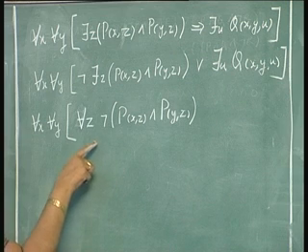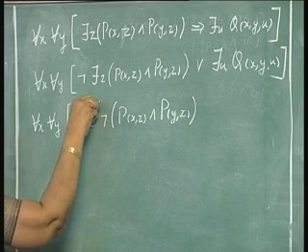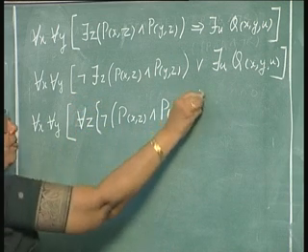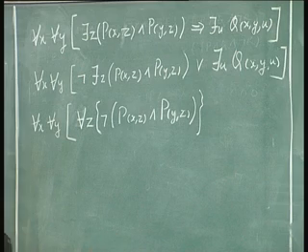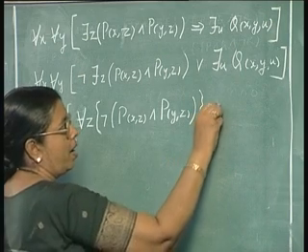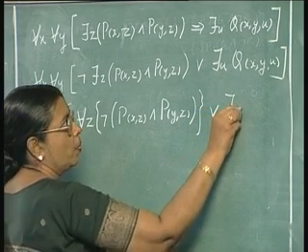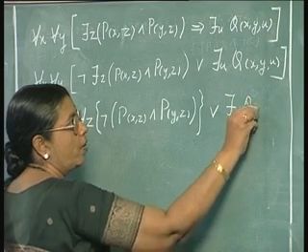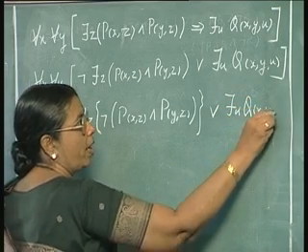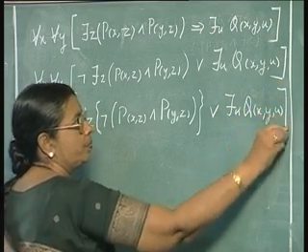For all z is the whole thing, and there exists u Q of x y u.